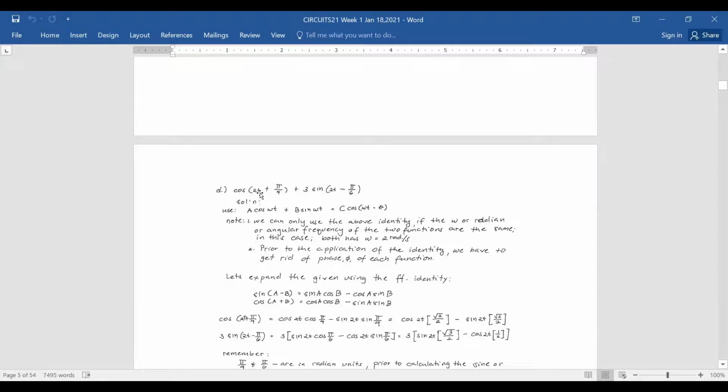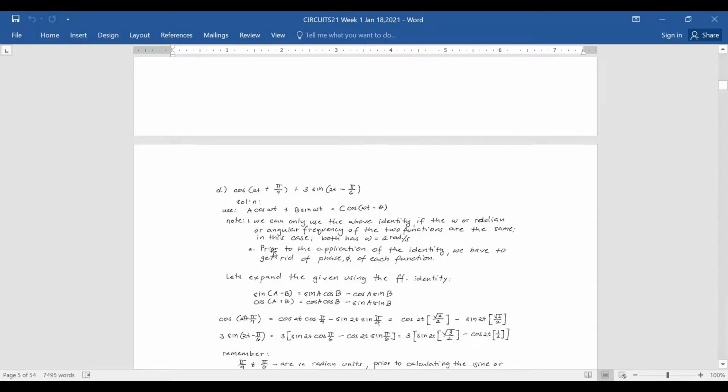Otherwise, if the W of our sine here is, say, 5t, and here is 2t, 2 for cosine and 5 for sine, then we cannot add this cosine to sine function to determine the resultant value of this combination. We cannot do that if they have different W. Since they have the same W, then we can use this identity here.